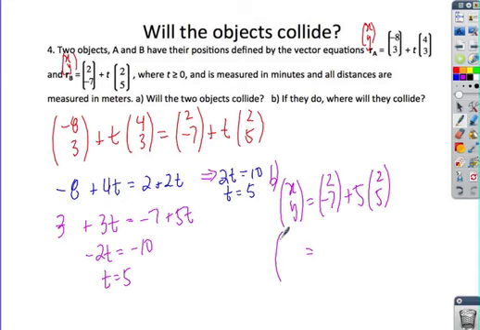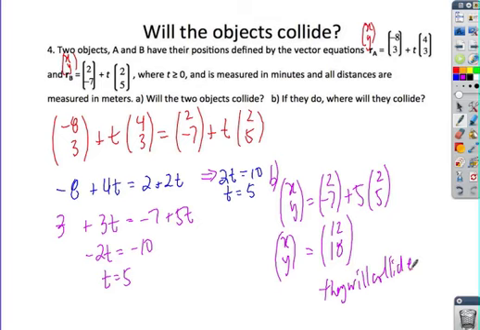So this location xy will be 2 plus 10, 12, and -7 plus 25, 18. And so they will collide at the point (12, 18), or position vector (12, 18).